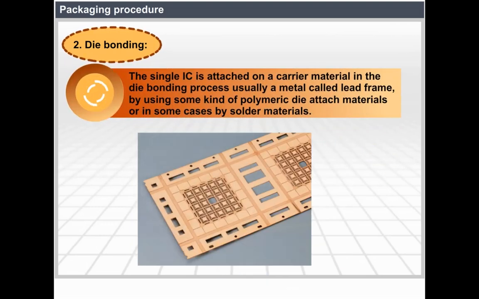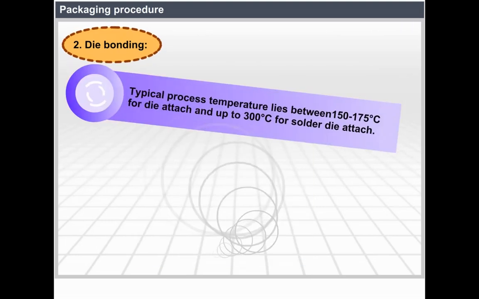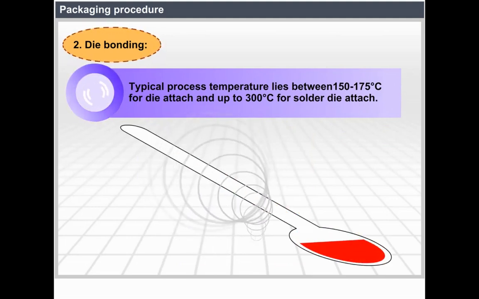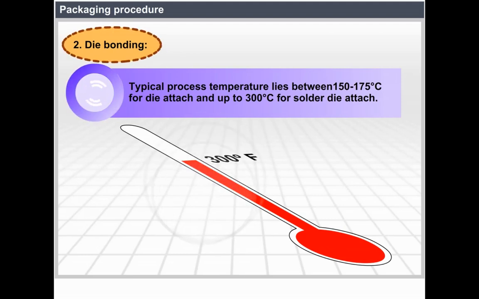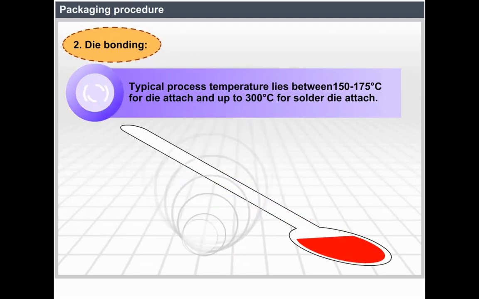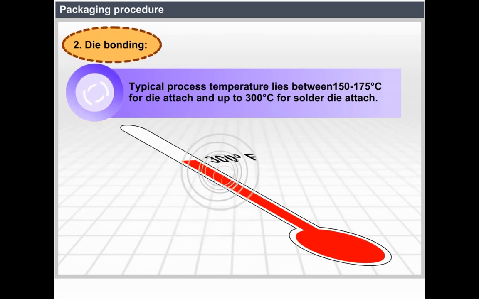In the die bonding process, the single IC is attached on a carrier material, usually a metal called lead frame, by using some kind of polymeric die attachment materials, or in some cases by solder materials. Typical process temperature is 150 to 175 degrees Celsius for die attachment and up to 300 degrees Celsius for solder die attachment.